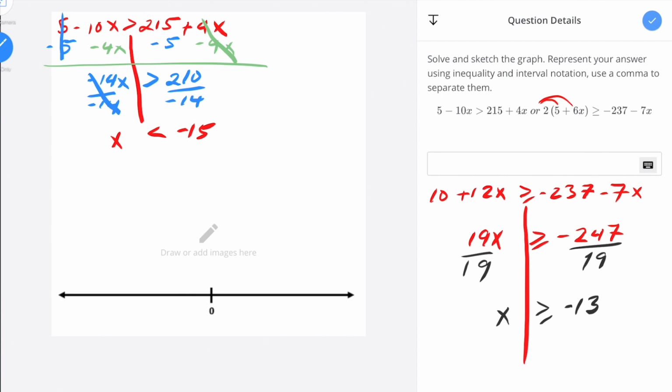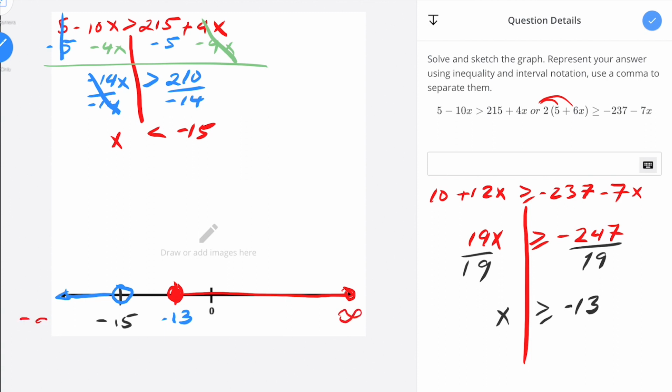Okay, so let's graph this. We have a negative 15, which is somewhere over here. Open circle. That's less than. And the negative 13 is somewhere to the right of negative 15 because negative 13 is bigger. x is bigger than or equal to, closed circle, go to the right.